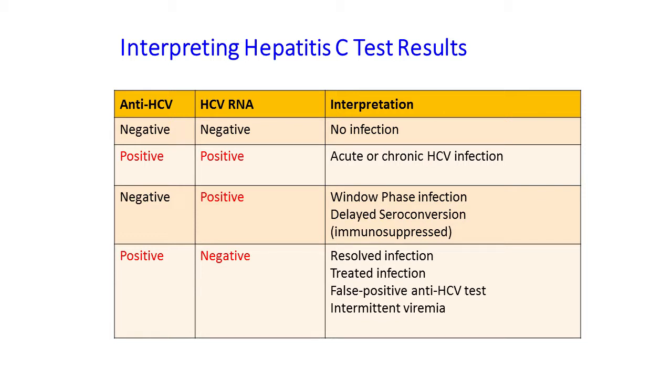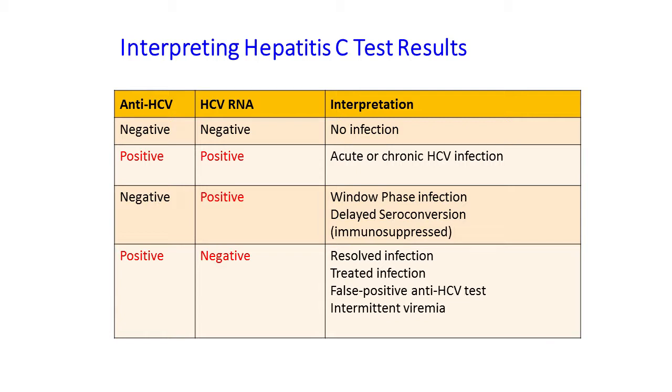A negative anti-HCV test with a positive HCV RNA test indicates that the person is actively infected with HCV. They are in the window phase or have delayed seroconversion since they have not produced antibodies against HCV. And in the case of immunosuppressed individuals, it may just be a case of delayed seroconversion.